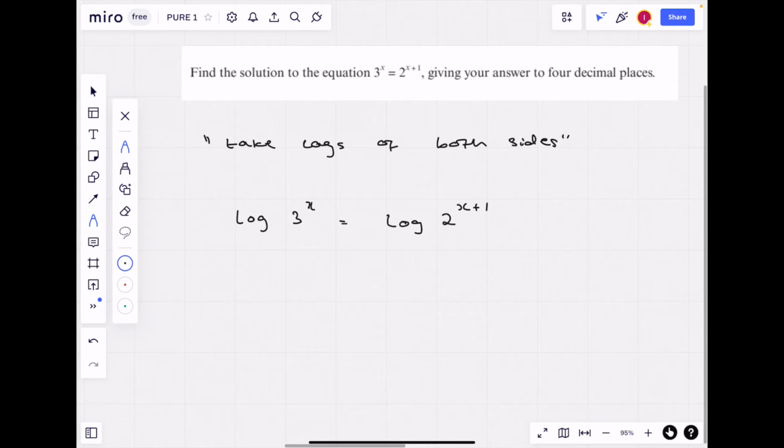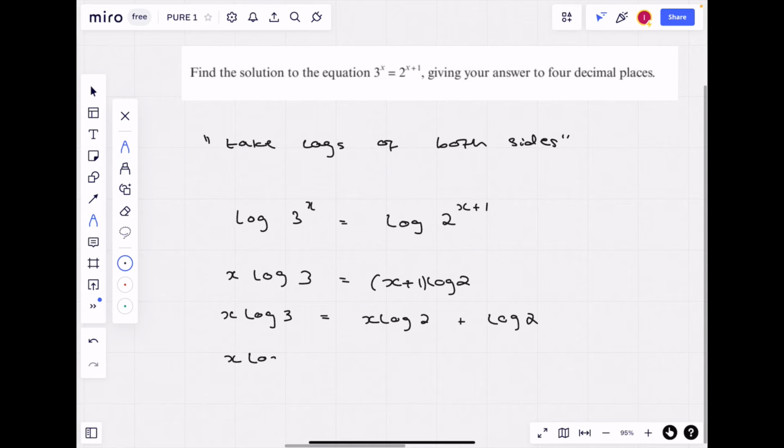So using the power law first, we get that. And then using the addition law, we get this. Now we can move all the x's to one side.